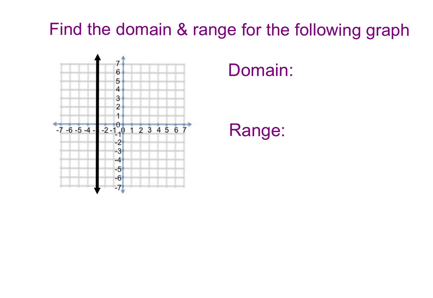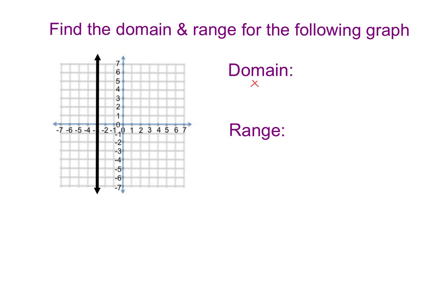So now let's take a look at this one. So this one, what I notice is if I'm going to find the domain, remember the domain are all of the possible x values that I need to make points on my graph. My domain, the graph is not going forever left and right.